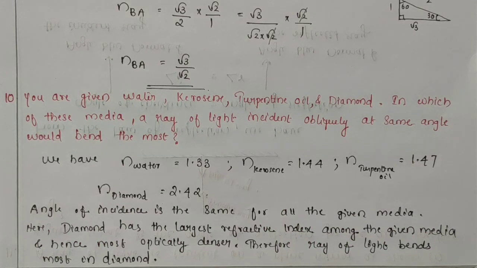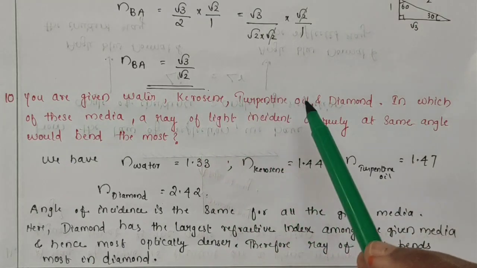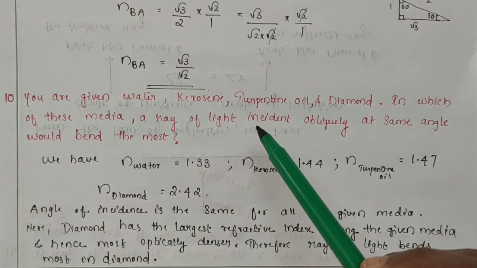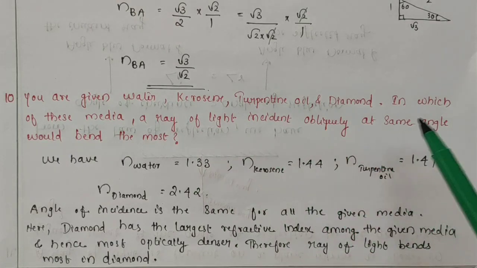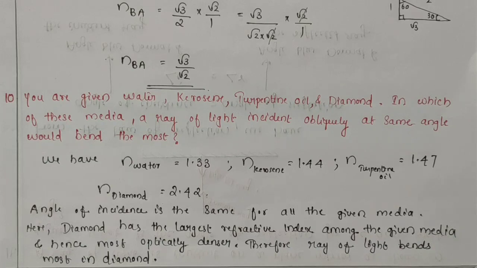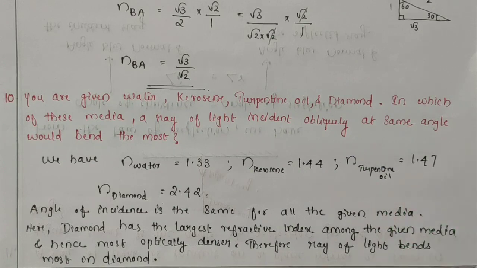Let's see the next question. You are given water, kerosene, turpentine oil and diamond. In which of these media a ray of light incident obliquely at same angle would bend the most? See, the refractive index of water is 1.33. Refractive index of kerosene is 1.44. Refractive index of turpentine oil is 1.47.